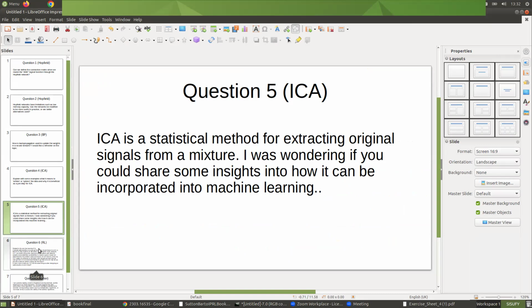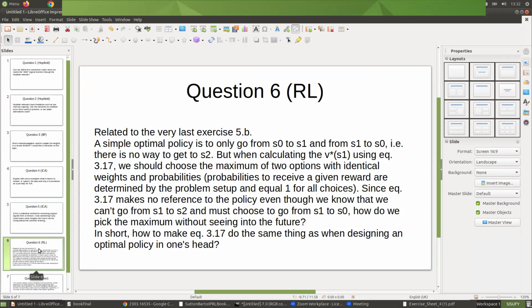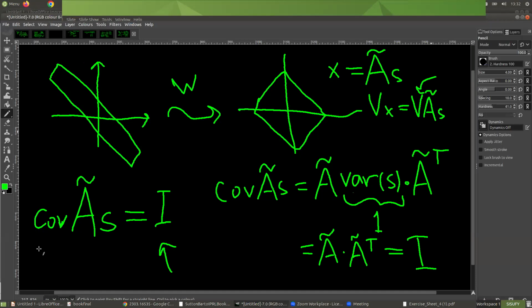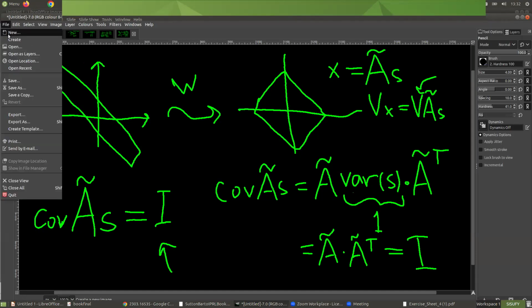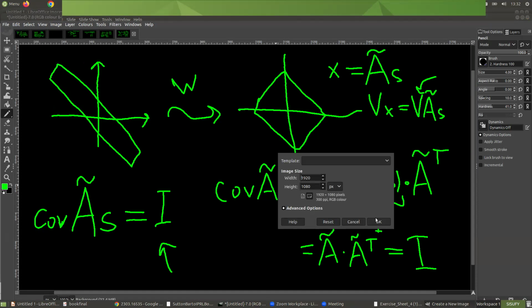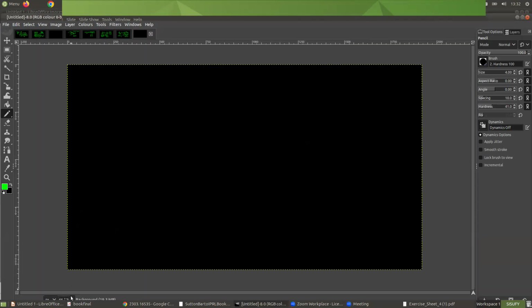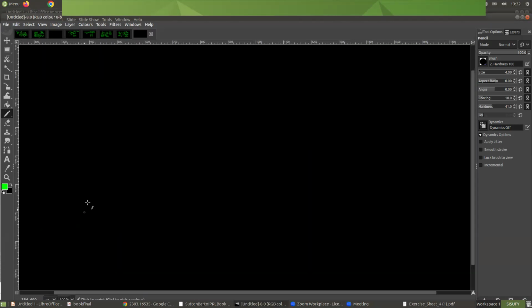Okay, good. Let's move on. Then we have a reinforcement learning question. Now, as far as I understand this question, I don't think we need to read it all. I can explain what I think it is, and if I explain it wrongly, then maybe the person who asked it can correct me.